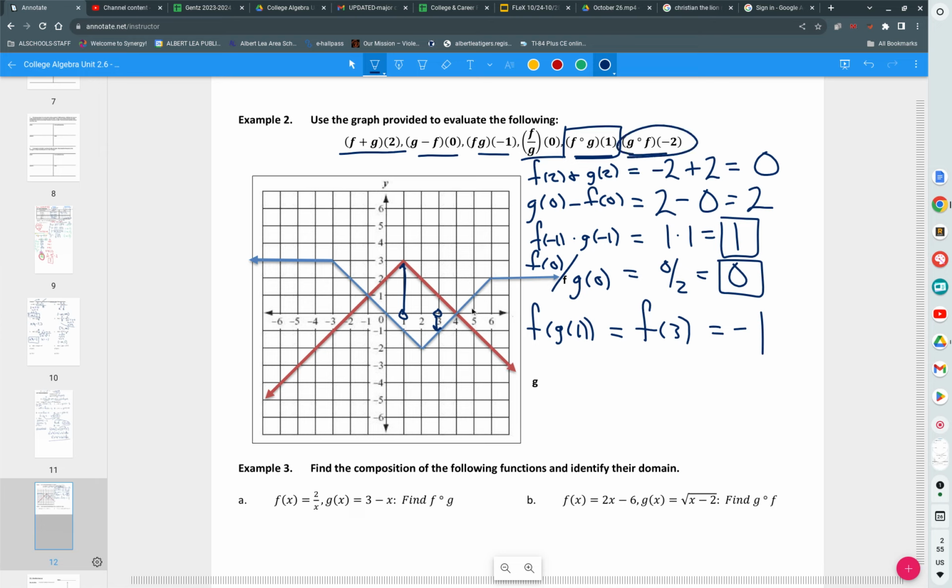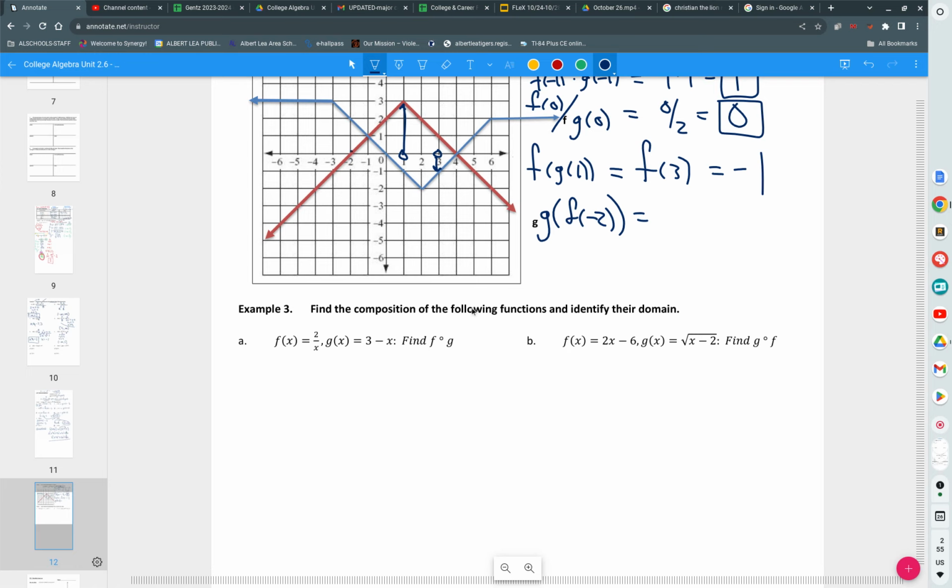You try this one on your own, g of f of negative 2. You got 2?